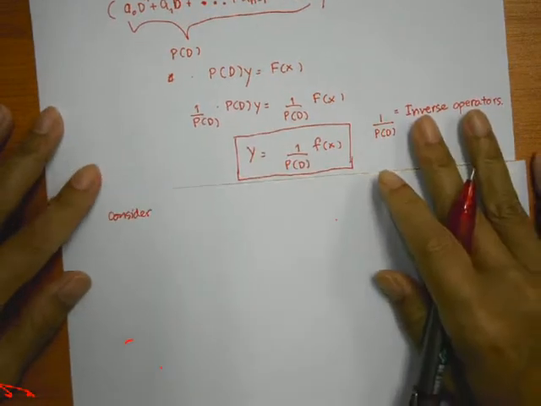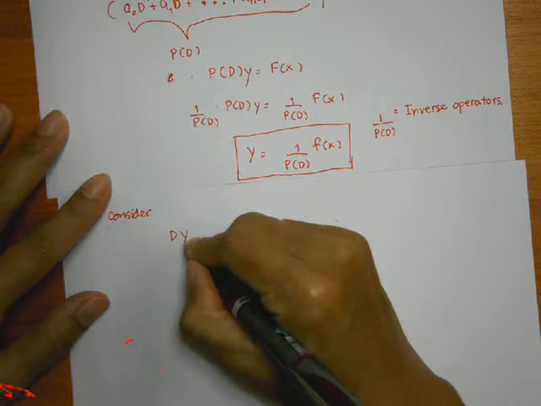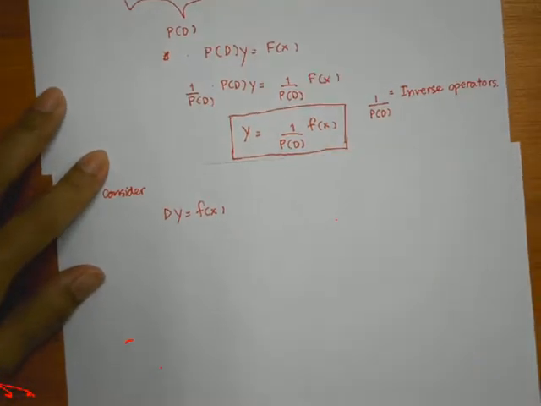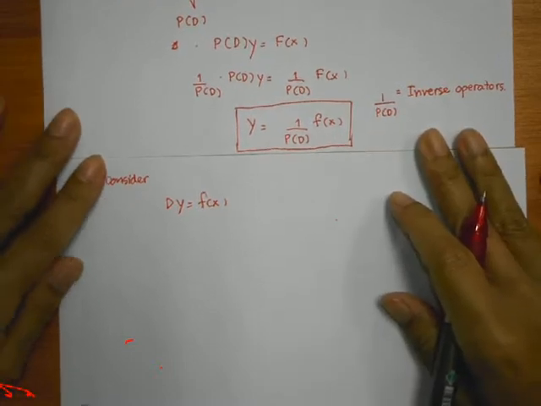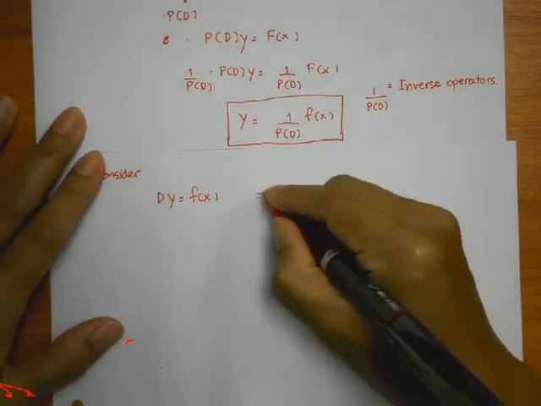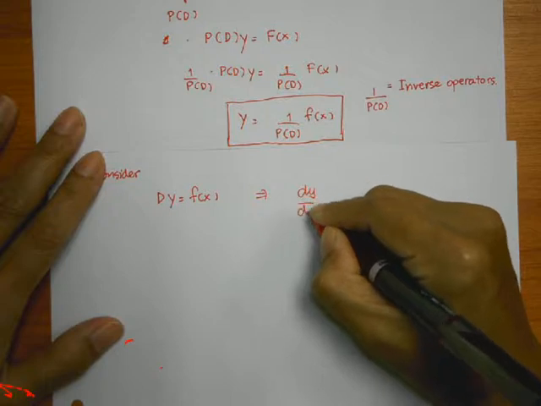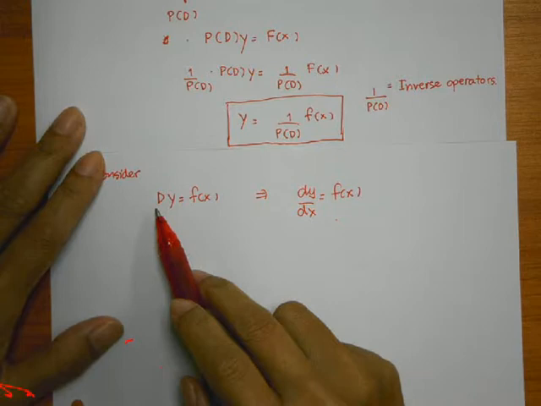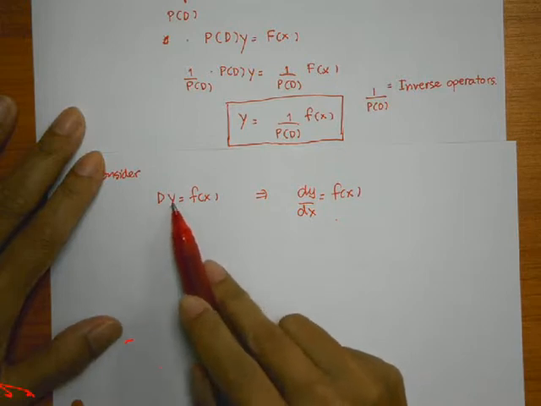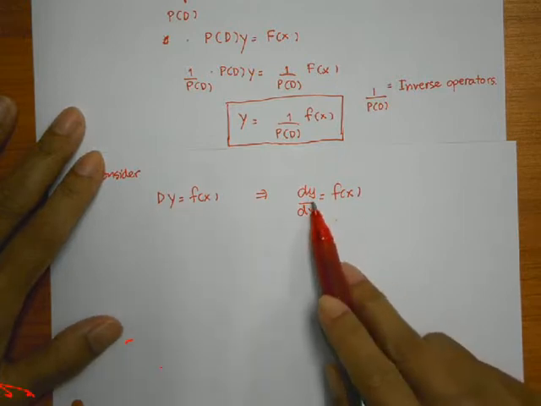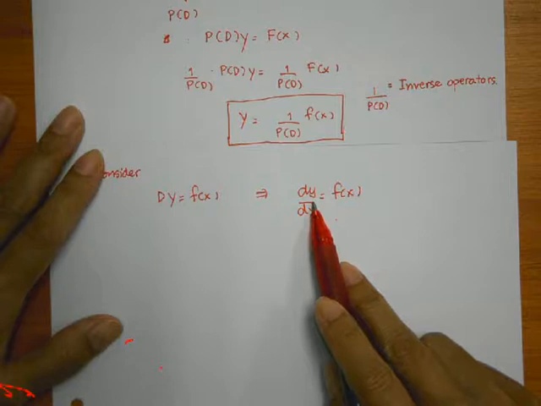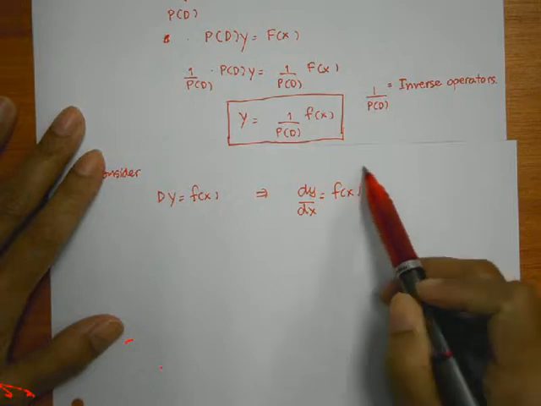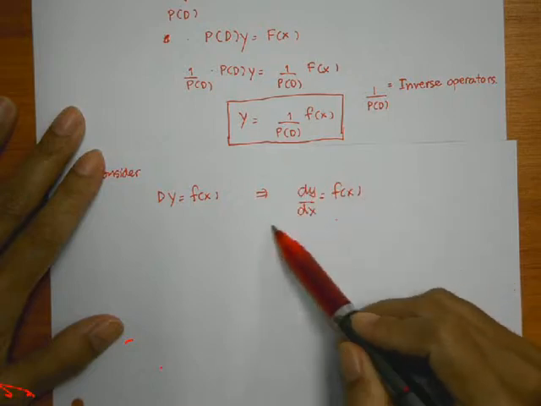We consider this one first. If we have Dy equal to f(x), the meaning is dy by dx equal to f(x), right? Dy means the first derivative of y with respect to x.